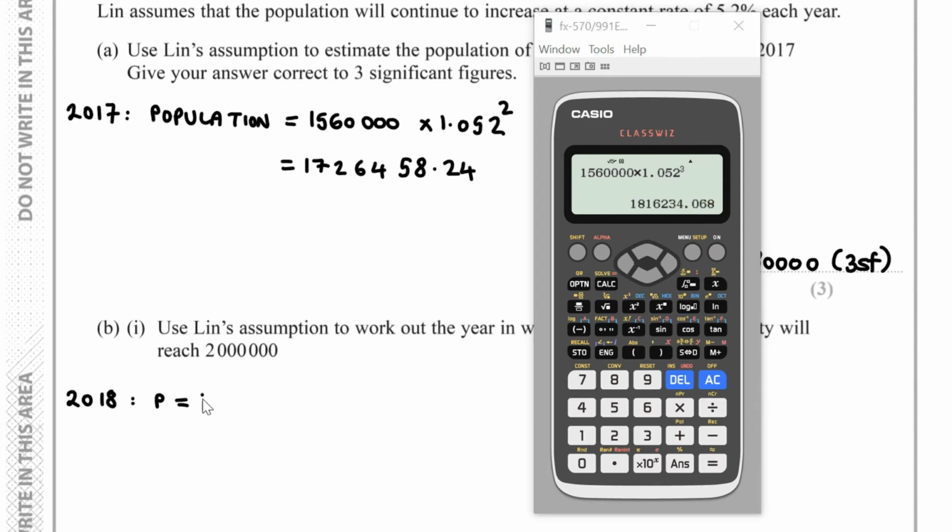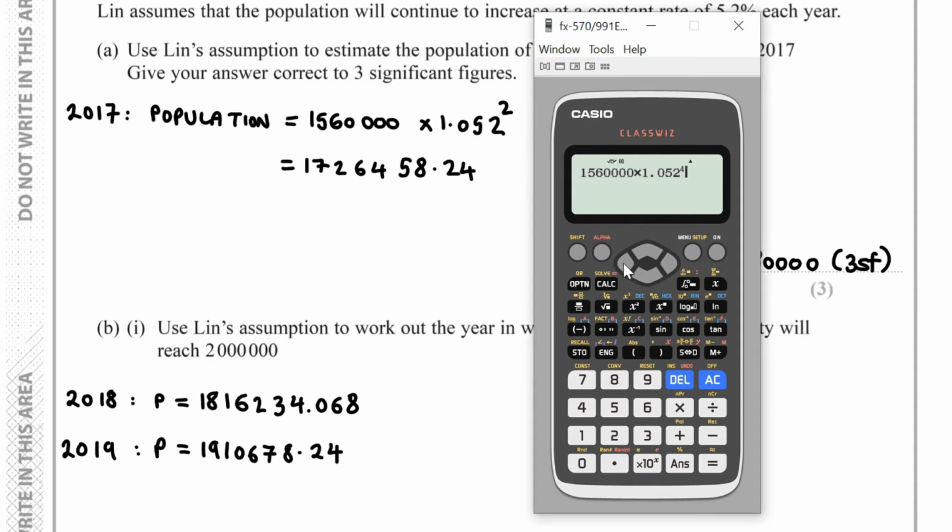So here we get 1816234.068. Let's see what we get in 2019. Well, here we're going to have 4 years on. That's equal to 1910678.24. And let's see what's happening in 2020.